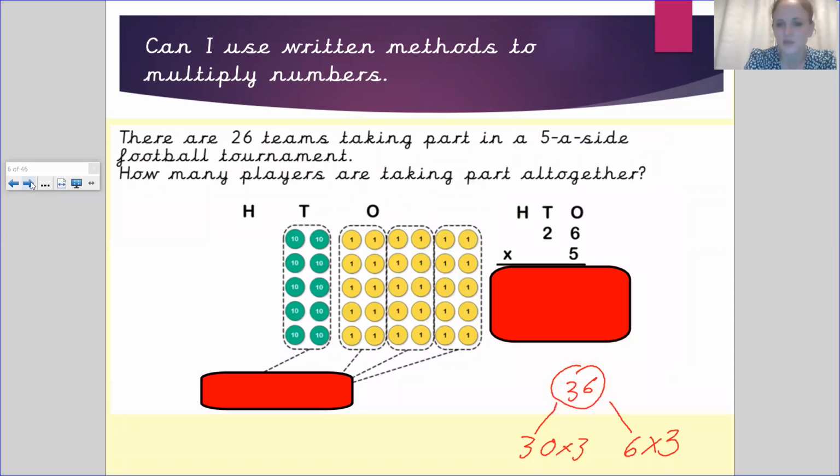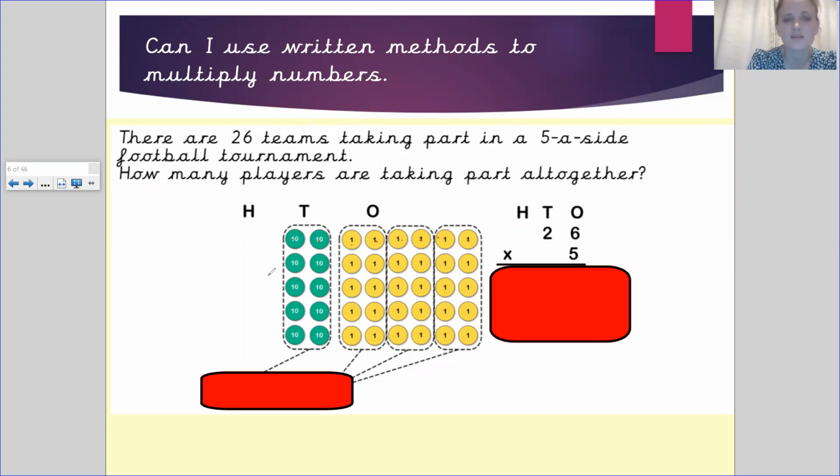Right, the next written method is this one. There are 26 teams taking part in a 5-a-side football tournament. How many players are taking part all together? So I know 26 teams. So there's 10, 20, 1, 2, 3, 4, 5, 6.